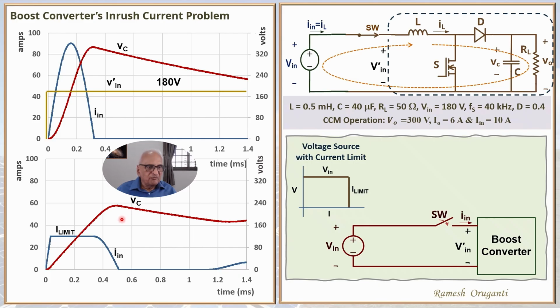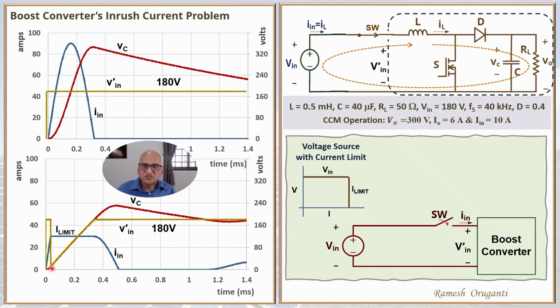If you look at the V dashed in waveform, during this region, the current limit is not operating. The input voltage source is acting as an input voltage source. So the V dashed in will be 180 volts. Once the current limit kicks in, power supply drops the voltage to a low value so that the current limit is maintained.